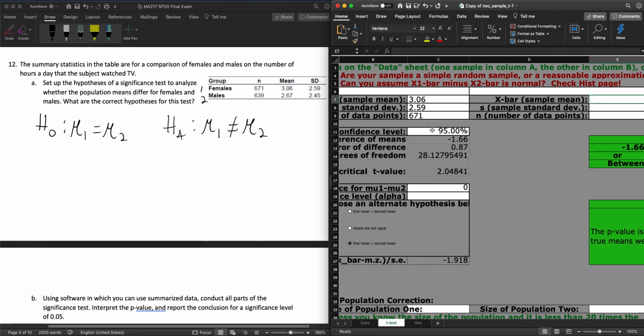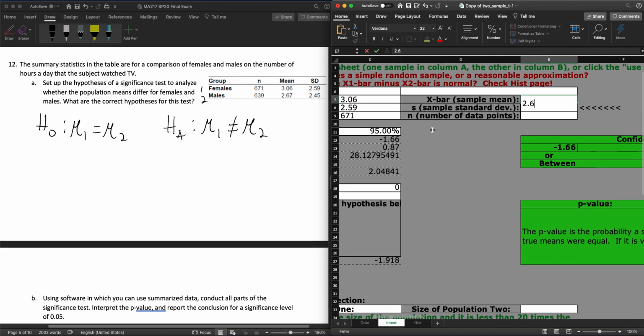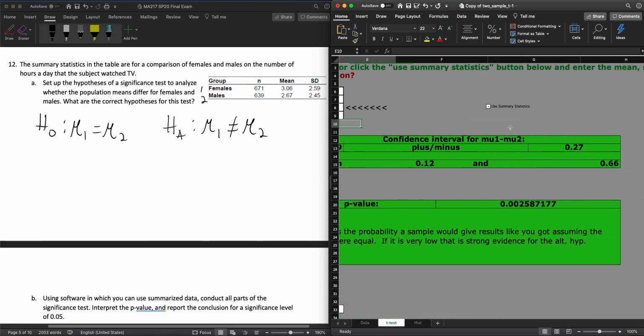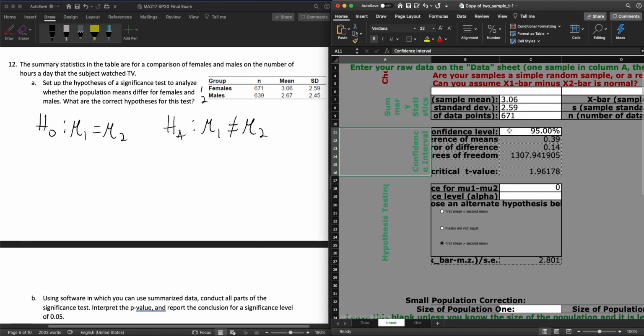For males, this was 2.67, 2.45, and 639, respectively, for sample mean, sample standard deviation, and number of data points.